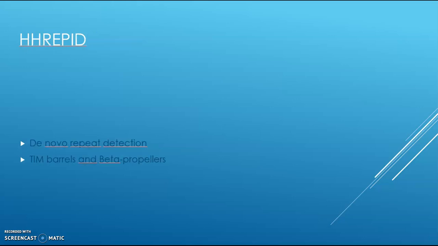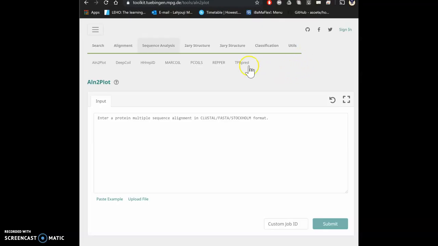There is also HHrepID, and this is a server for de novo repeat detection that is very sensitive in finding proteins with strongly divergent repeats, such as TIM barrels and beta propellers. They also have tools for secondary and tertiary structure, but I won't go further on that.